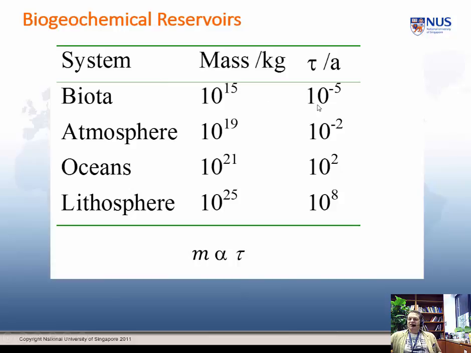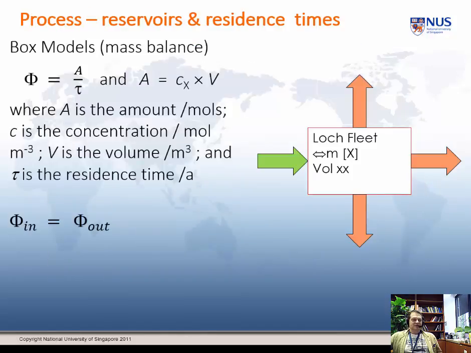And finally the biota, the tiniest of the reservoirs but the most active, things happening on the minutes and seconds time scale. So the mass of a reservoir is proportional to the time scale of the activities occurring within it. That's just general knowledge. We won't come back to that particularly, but it's a good thing to remember.